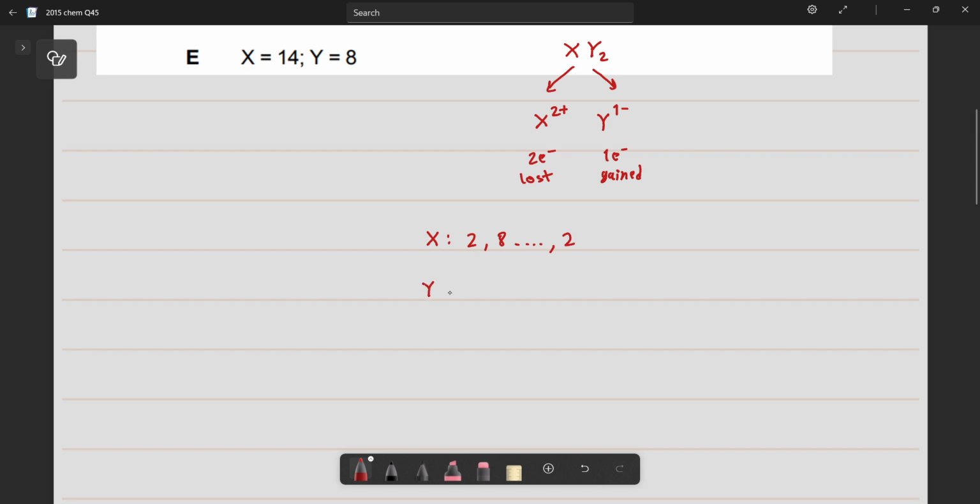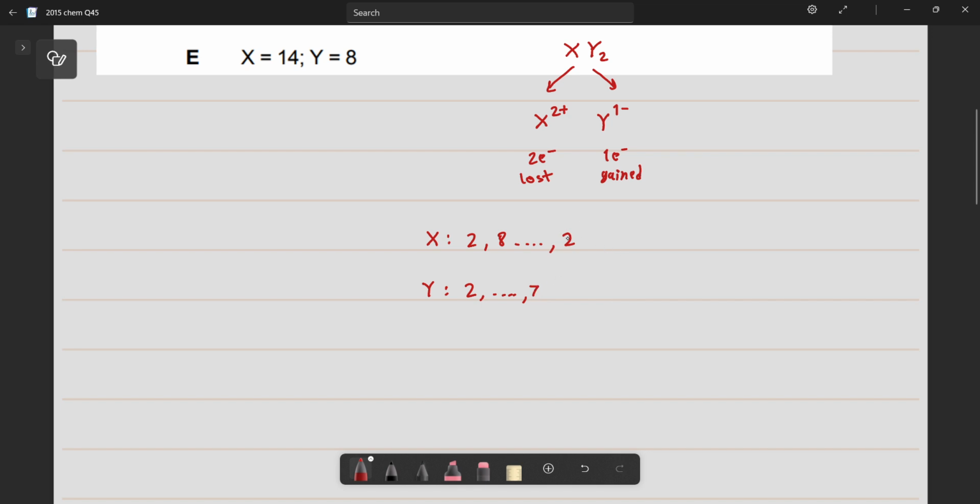And for Y, the innermost will be 2, then it could be anything, and the last must be 7. Why? Because it will gain 1 electron to form 8 in the outermost shell. So this will complete its octet because it has 7 at the end.